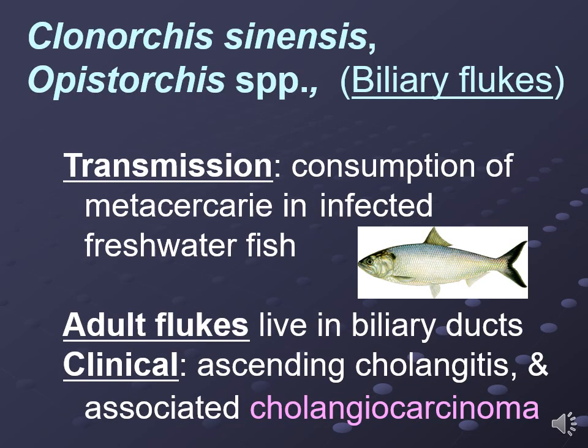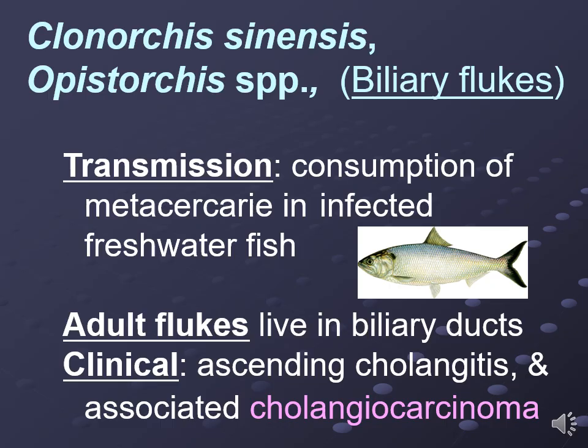We have Clonorchis or Opisthorchis. Those are the biliary flukes. Transmission is by consumption of metacercariae in infected freshwater fish. So first, humans contaminate the water with the eggs of Clonorchis and Opisthorchis. The miracidium leaves the egg, goes to a snail host, develops further, and leaves the snail host as a cercaria.